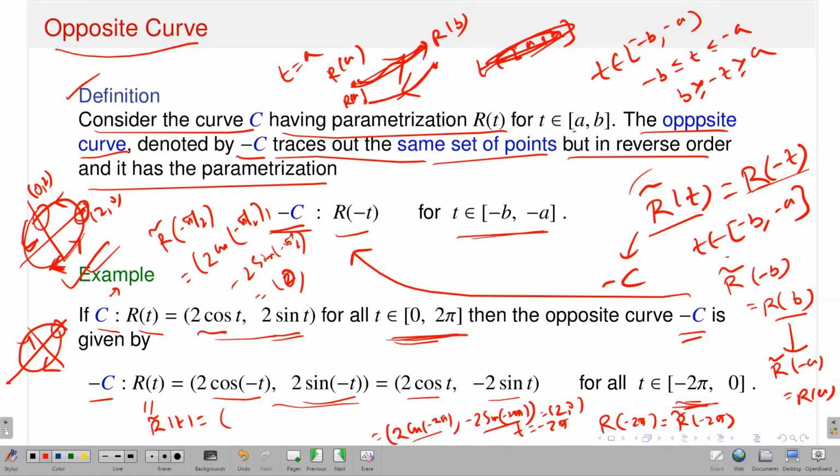Take a few points like minus 2 pi, and then I think this will be minus 3 pi by 2, that is the point missing here.